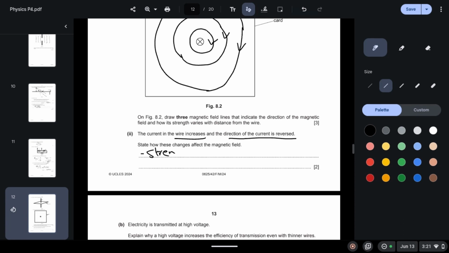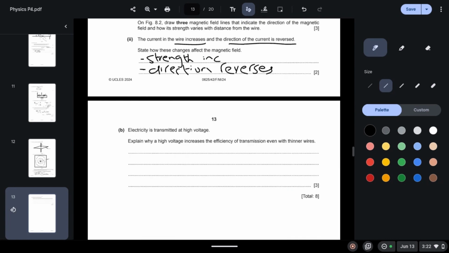So strength increases, the direction reverses.